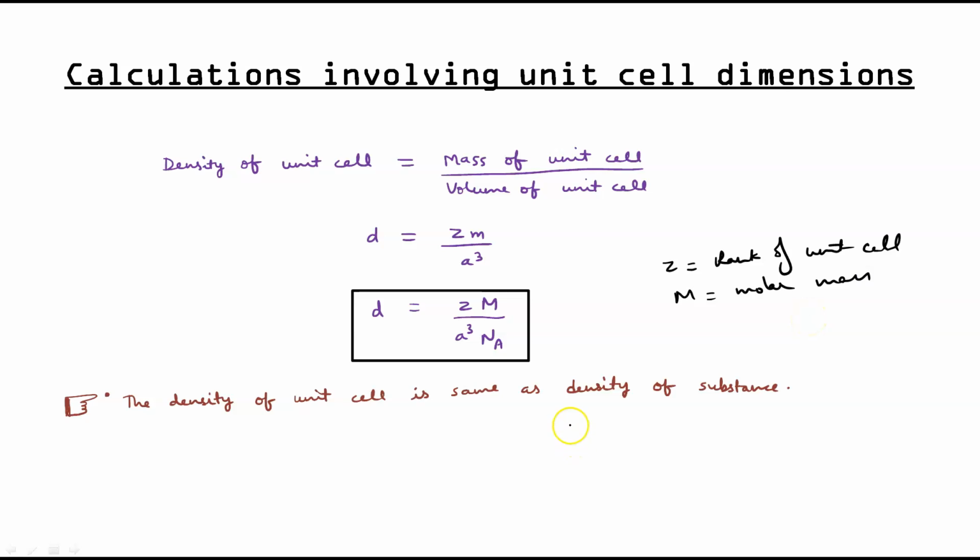Now A, you know A is the edge length of the unit cell, whether it is FCC, simple cubic or BCC. Now Na is the Avogadro number. Z is the rank, representing the number of atoms present in one unit cell. M is the mass of a single atom.